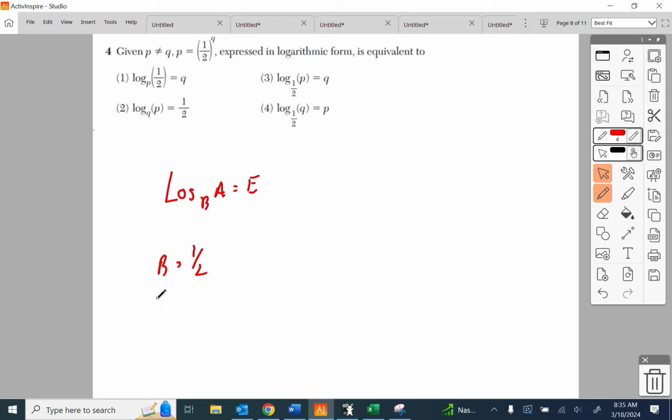The exponent is Q. Which means that the answer must be P. So when I plug this stuff in, I'm going to have a log, base 1/2. Its argument is the old answer, P, and it has to equal Q. So log base 1/2 of P is Q.